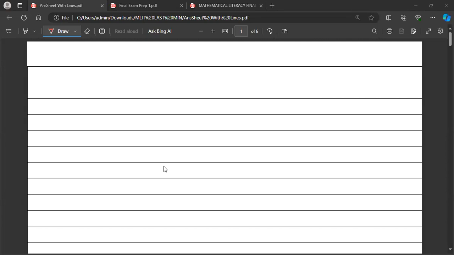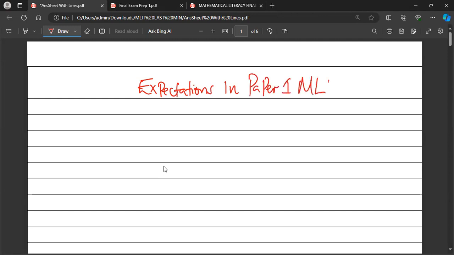Yeah, let's look at what we expect in paper one: mathematical literacy. One expects to look at finance. We shall expect to see questions about finance.